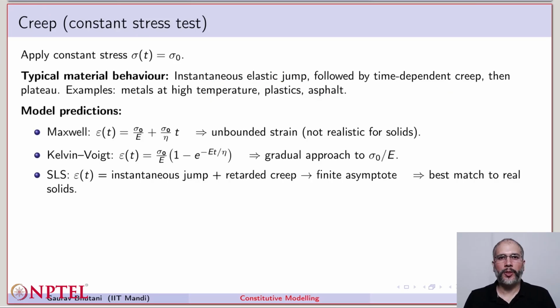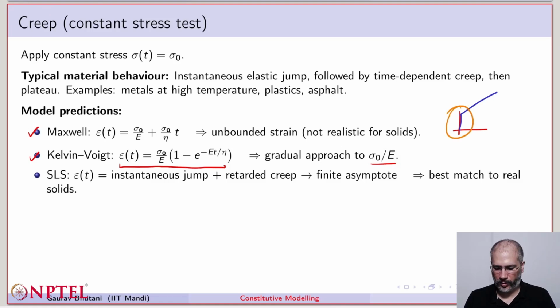Now the question is, which model do we use for this? We have to try different models. If we try a Maxwell model, it keeps elongating or straining, which is unrealistic. Then if we try the Kelvin-Voigt model, the solution to this equation gradually approaches sigma naught upon E, but we don't see this initial solid-like behavior.